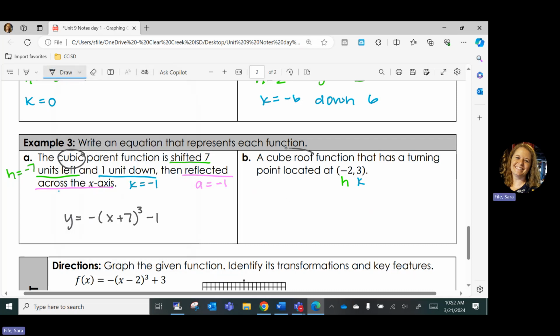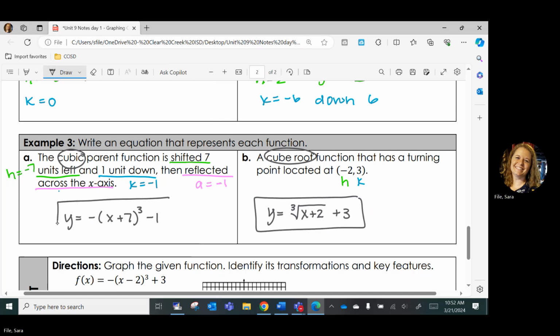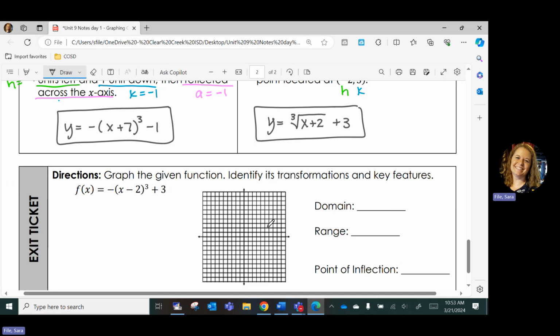This one is a cube root. So A is an understood 1, and then it would be the cube root of x, and then H is inside as the opposite, so plus 2, and then K is outside, so plus 3 on the outside. So those would be your equations. So you need to be able to go from equation to description, from description to equation. And then you need to try the exit ticket, and we'll go over that tomorrow.